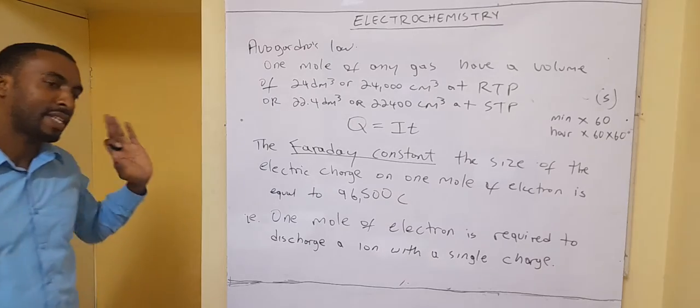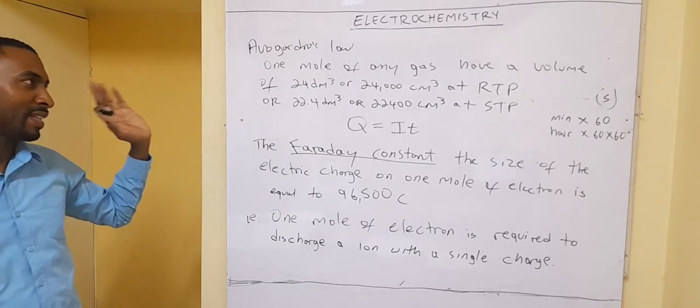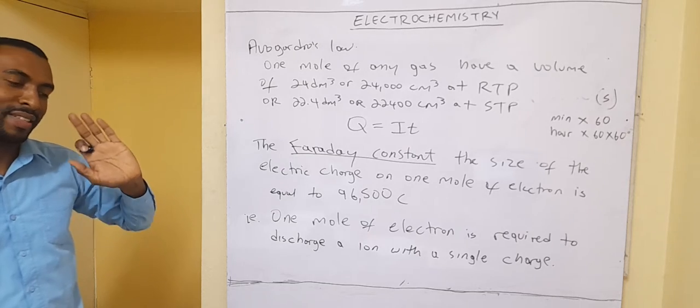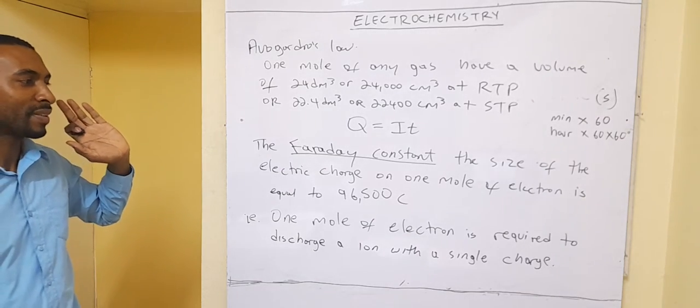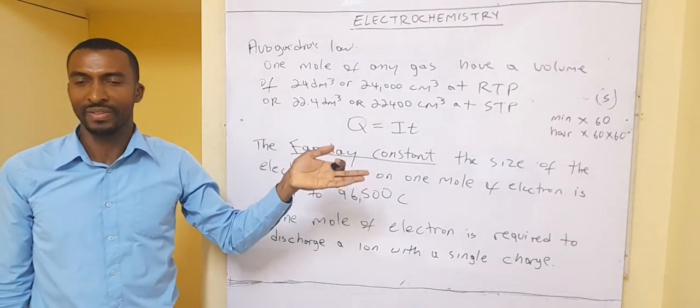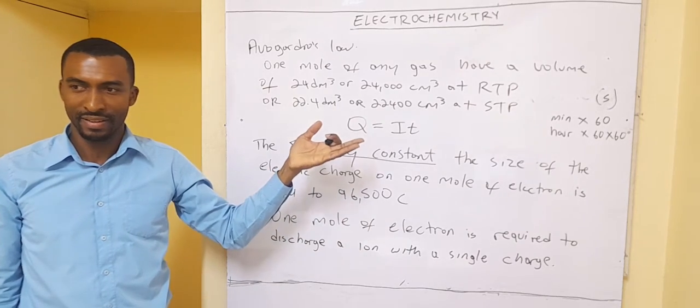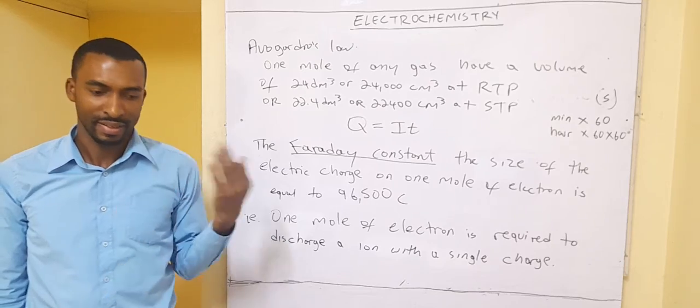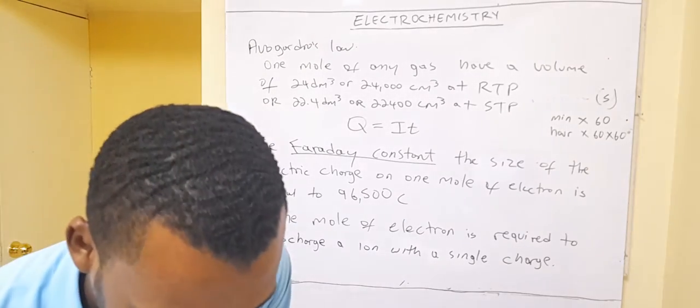So if you have gases in the mix, with quantitative electrochemistry, electrolysis, they will ask you what volume of gas will be produced if XYZ current is applied for XYZ time. Alright? I'm going to work an example and try and wrap up, alright?